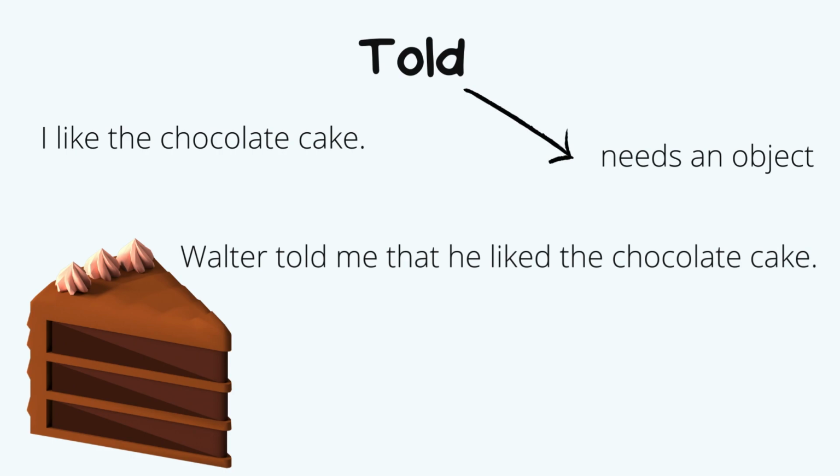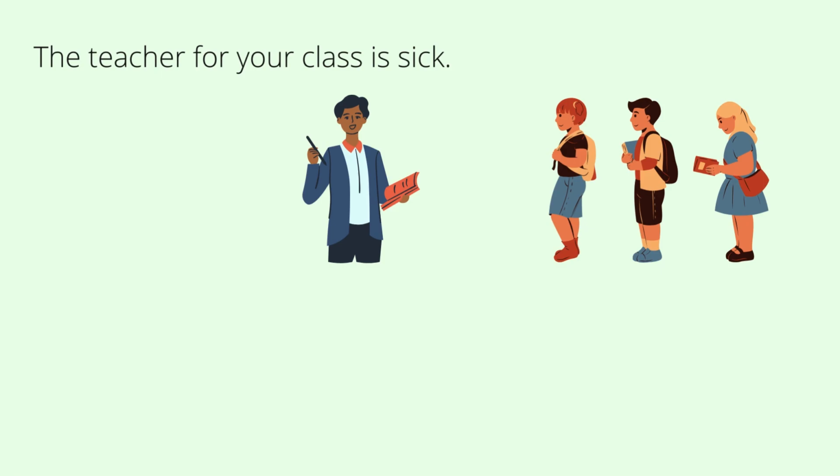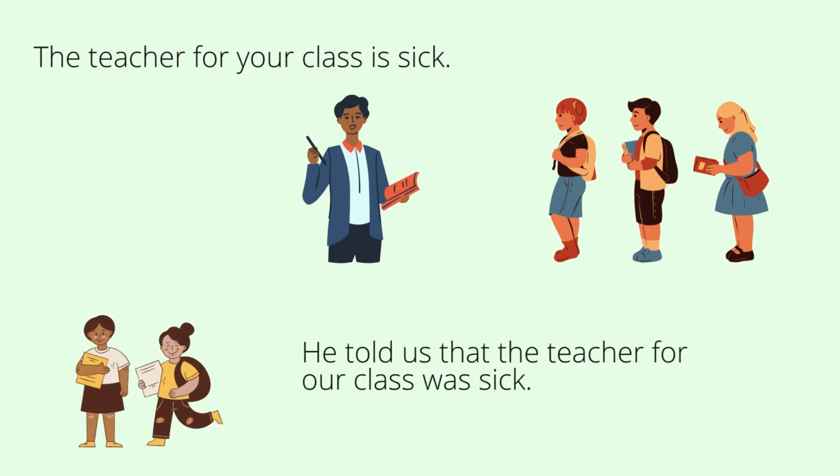"Me" is the object of "told" because Walter was speaking to me. Or if the direct speech is, "The teacher for your class is sick," the reported speech would be, "He told us that the teacher for our class was sick."